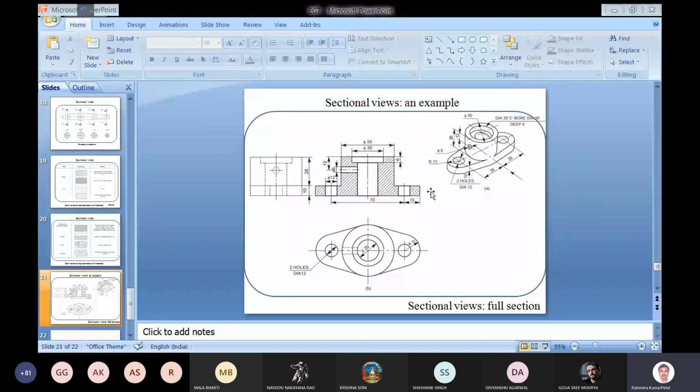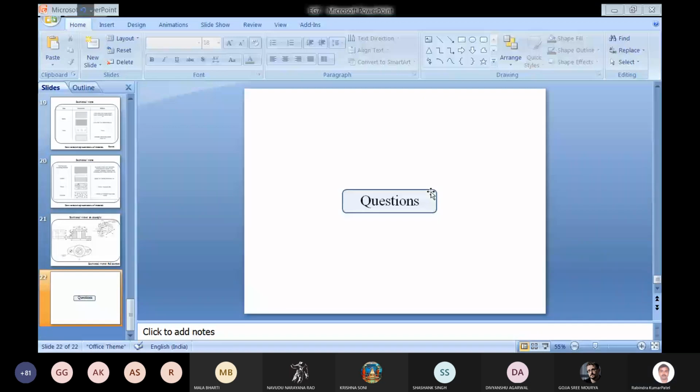So the rest of the sectional views will be covered there, in the form of some examples. So please, if you have any question, please ask.